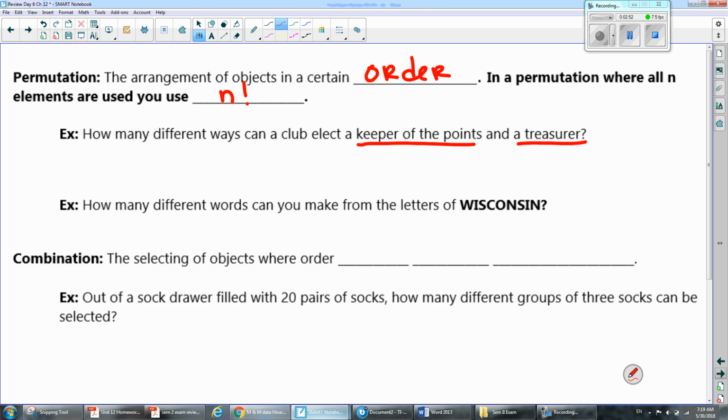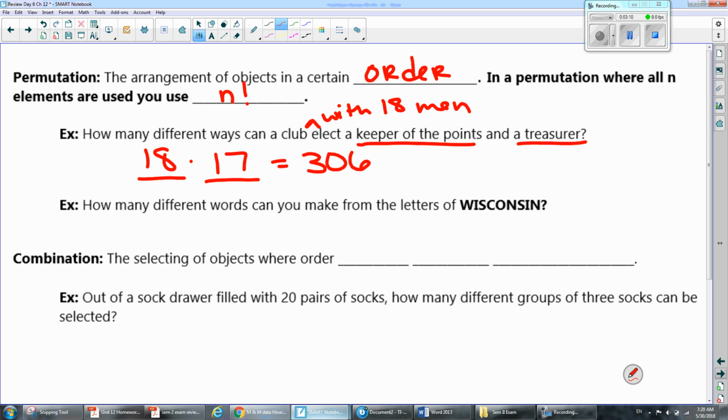So let's say that they had 18 men in this club. When I elect my keeper of the points, I have 18 people to choose from. But once I choose somebody as the keeper of the points, there's only 17 left for the treasurer. Multiplying those numbers together gives me 306 different ways.